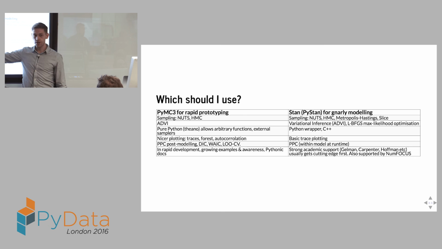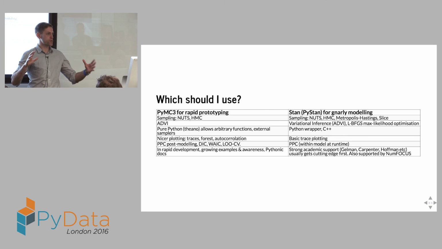Putting arbitrary functions in there, so creating your own likelihood functions. Tying in different external samplers. I foolishly tried to use the emcee sampler, big ensemble sampler, with PyMC3 about coming up 2 years ago now. And it worked, which was great, but it was quite scary.